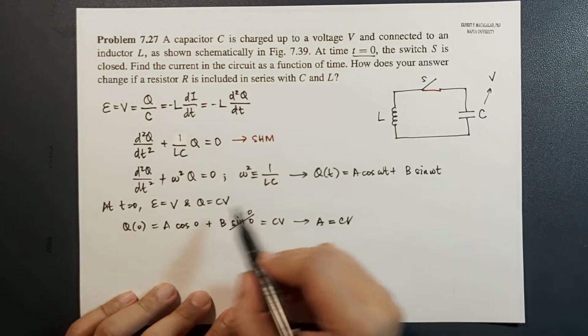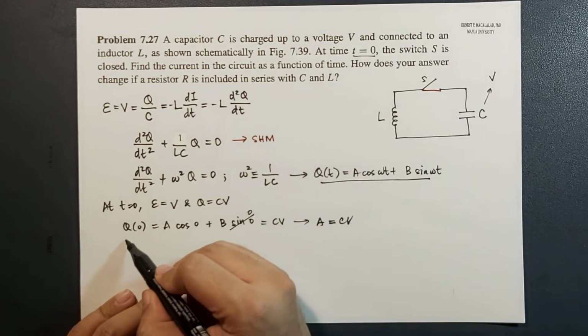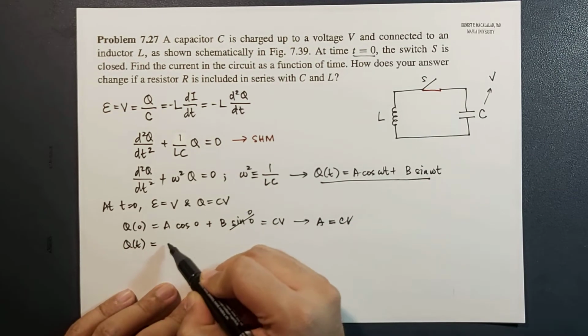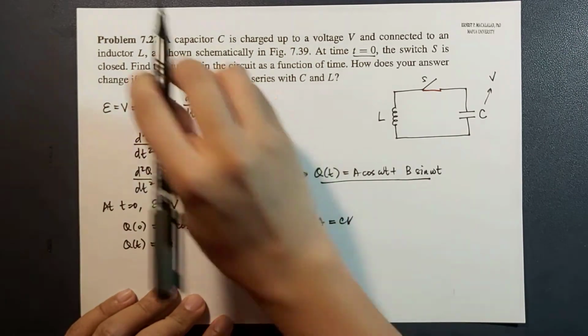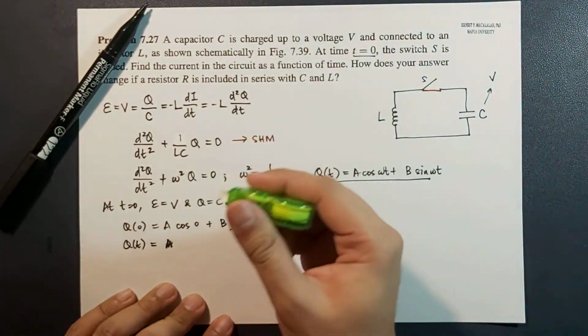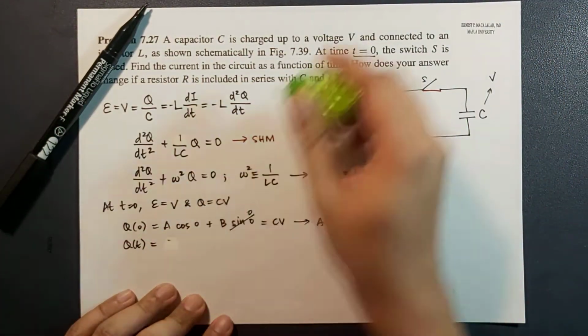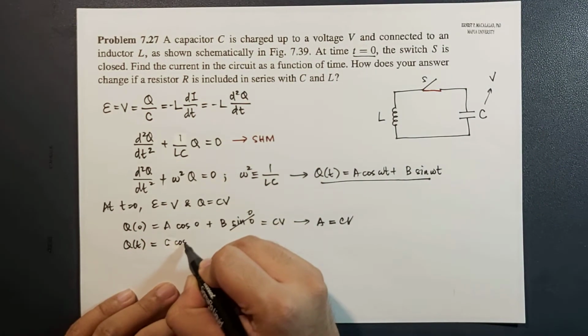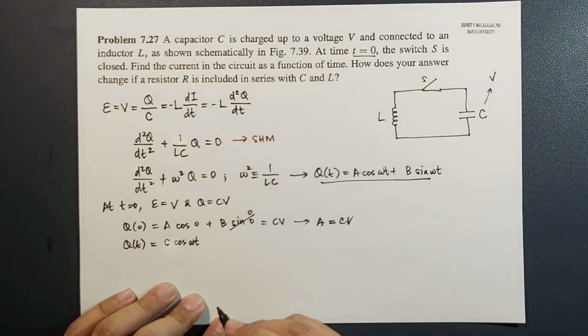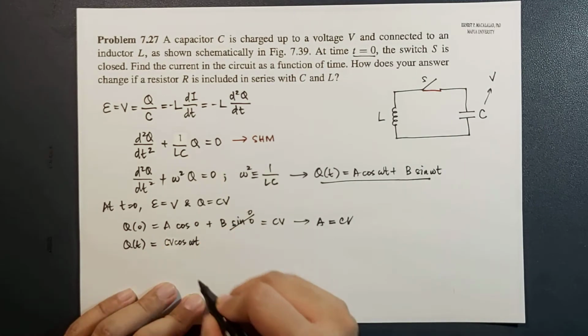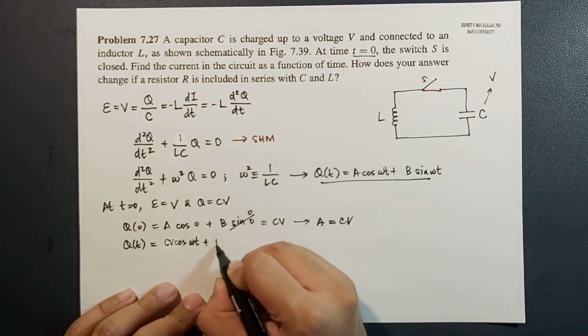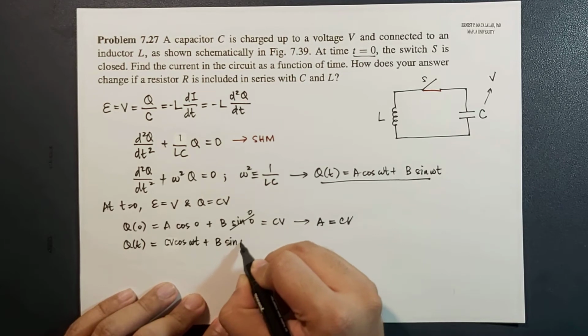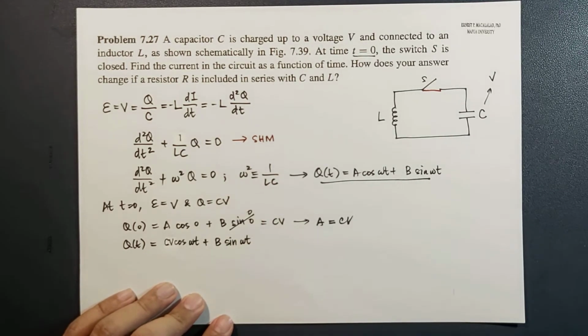So we can now rewrite this equation as Q as a function of time equals CV cosine omega t plus B sine omega t.